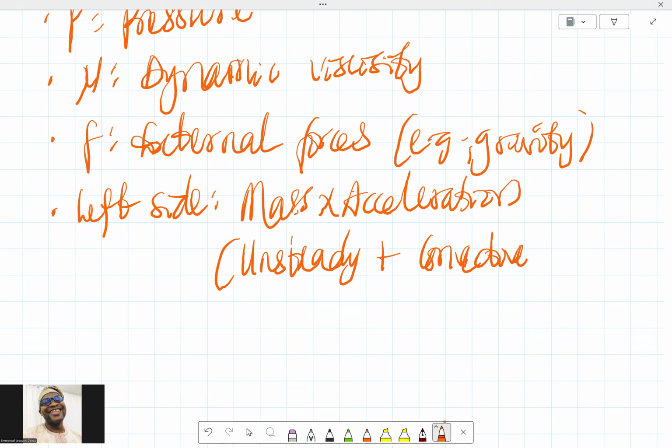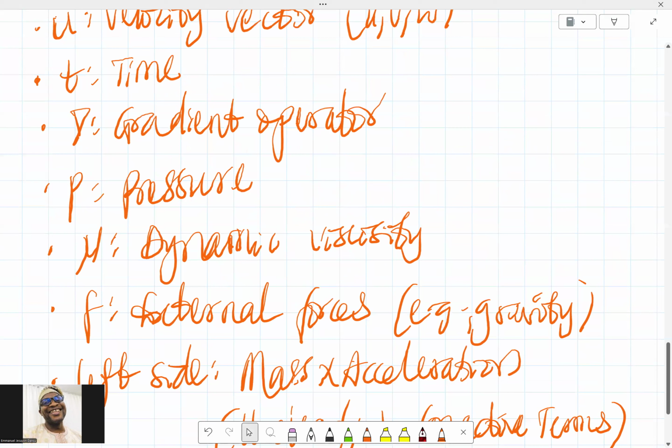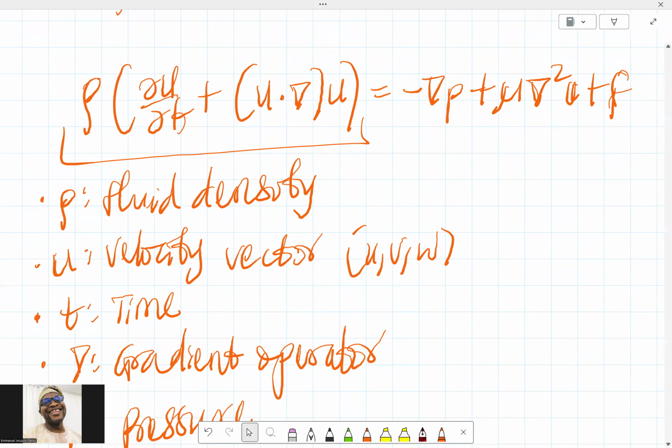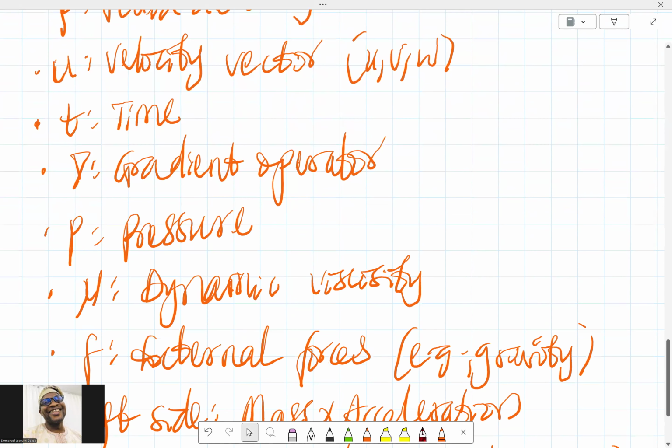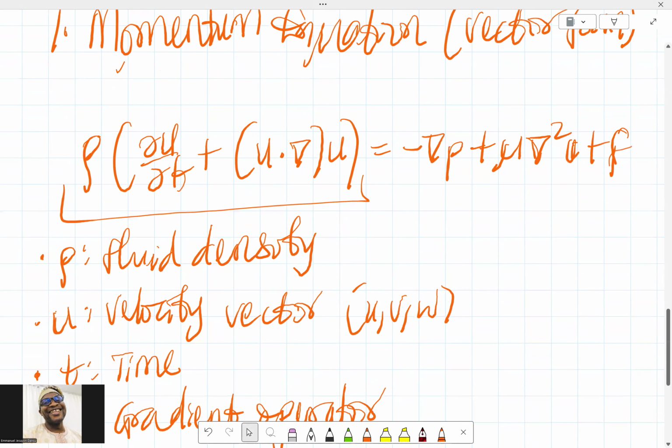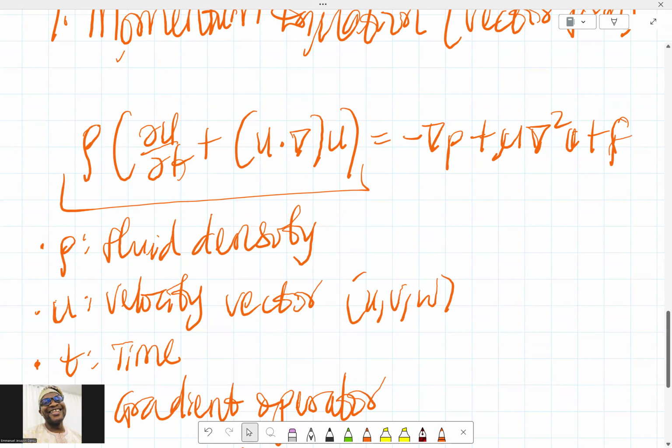Since u is the velocity vector, the partial u partial t automatically talks about acceleration.